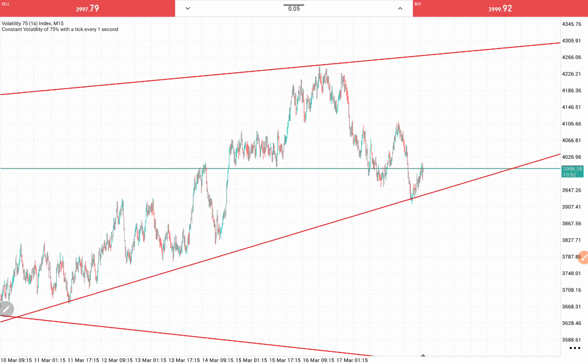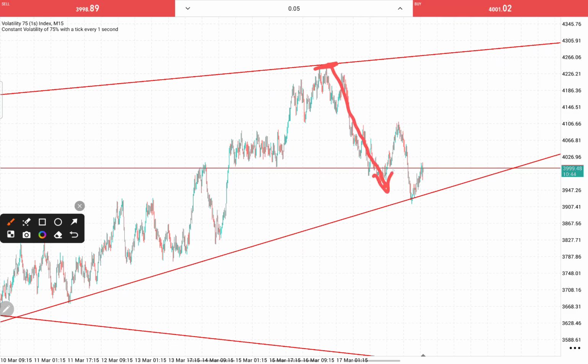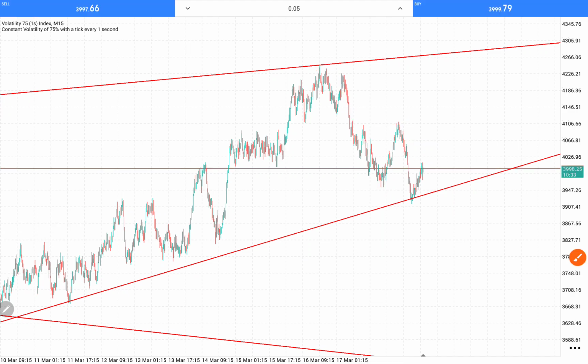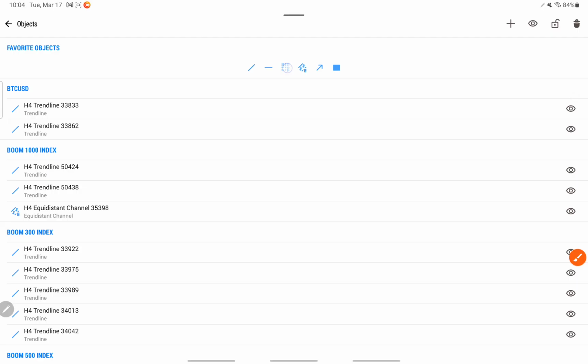frame. On the 15 minutes time frame, now you see that the market previously moved from this zone here down to this zone. Do you understand? Now let's use Fibonacci to calculate the reason why the market reacted to the downside from this zone. So I'm going to add my Fibonacci now.